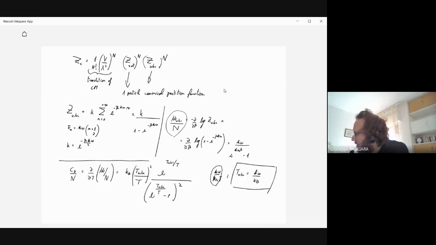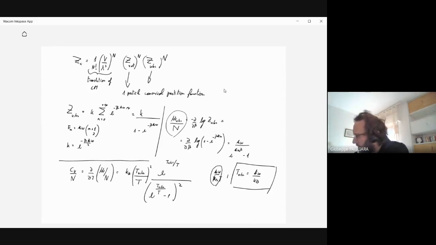Okay? Because for dimensional reasons, I have in the exponential something which is dimensionless. So this h bar omega divided by kB must be a temperature as far as the dimensions are concerned.